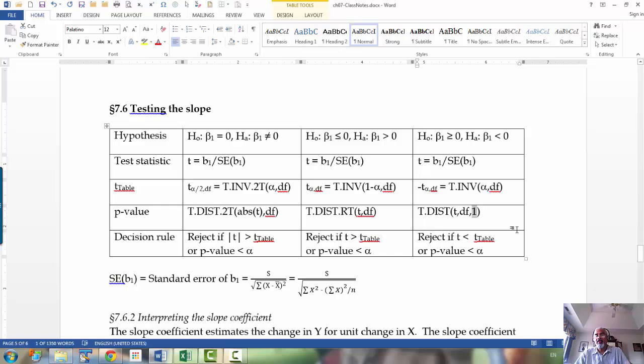It's not a height of the distribution. So this is somewhat different from these two t functions, T.DIST.2T and T.DIST.RT. You don't need that comma 1, whereas in the T.DIST function you need that. So study this. This table gives us the different functions that we need for the t table value and the p-value.